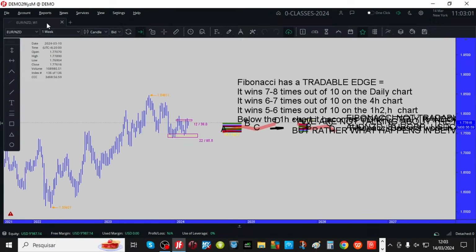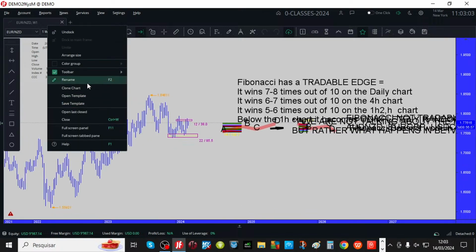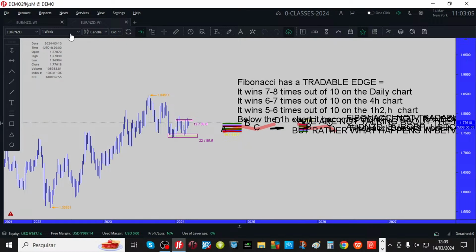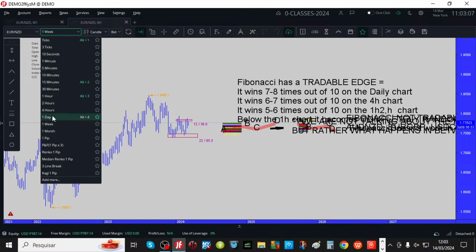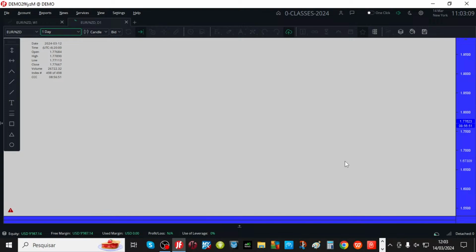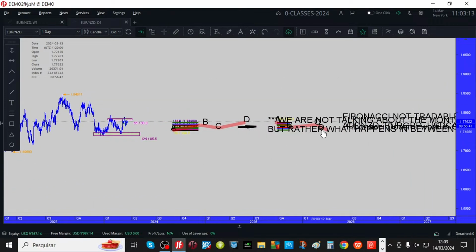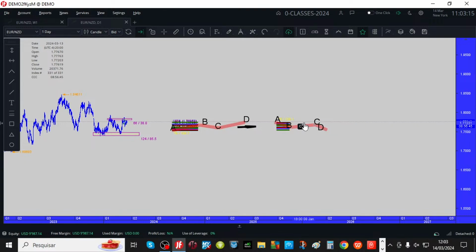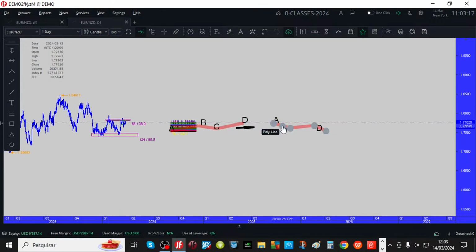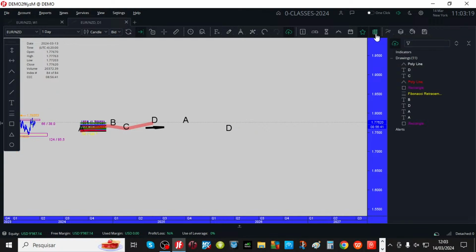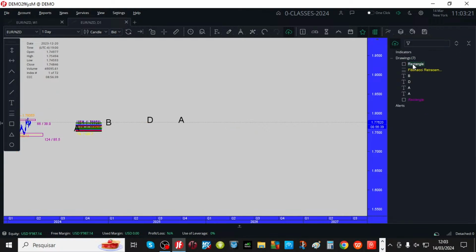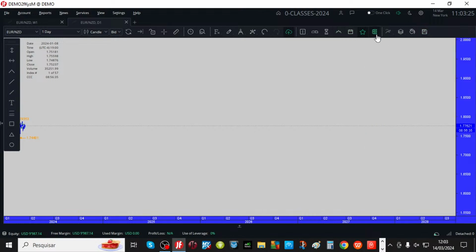Euro New Zealand, we're going to clone the chart and go on the daily chart again. Now this one. Give me a second. All right, we are here.